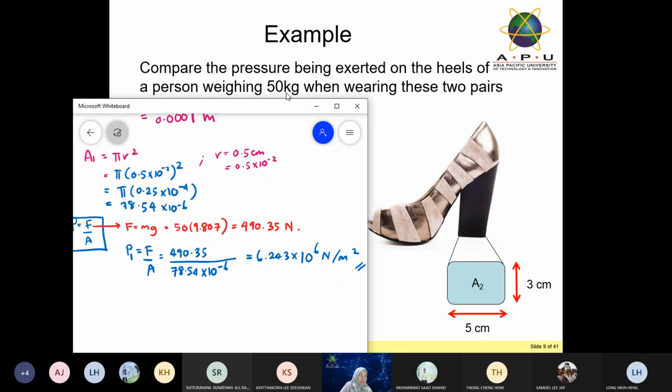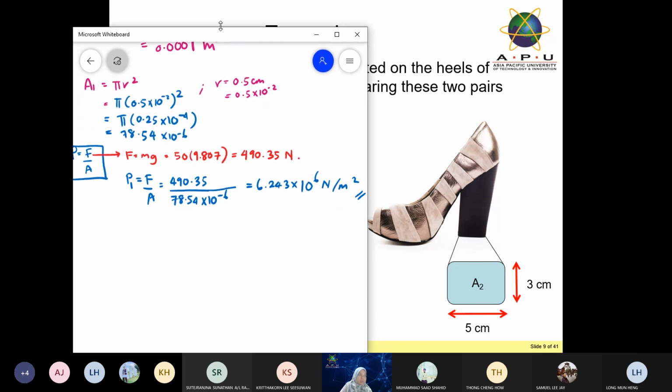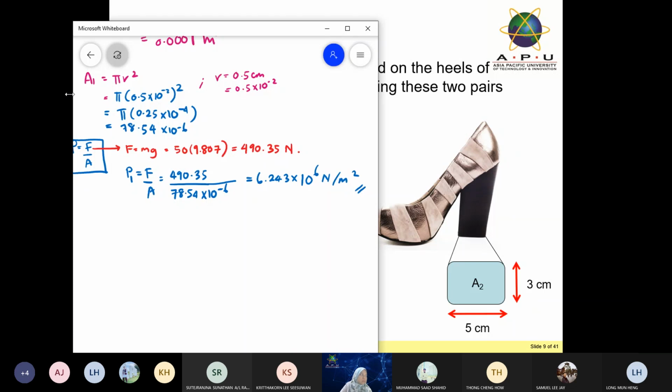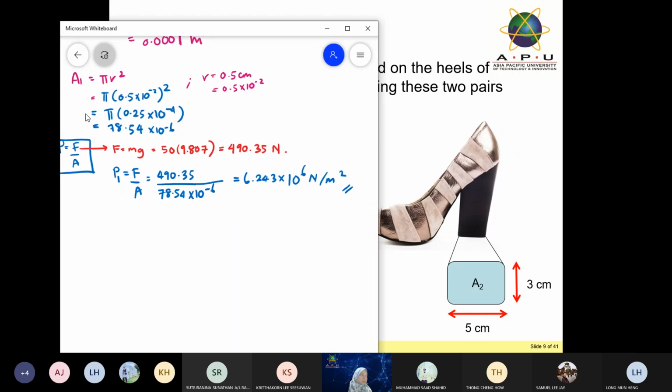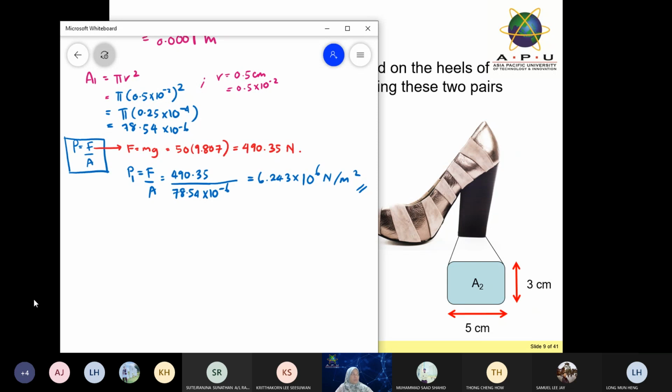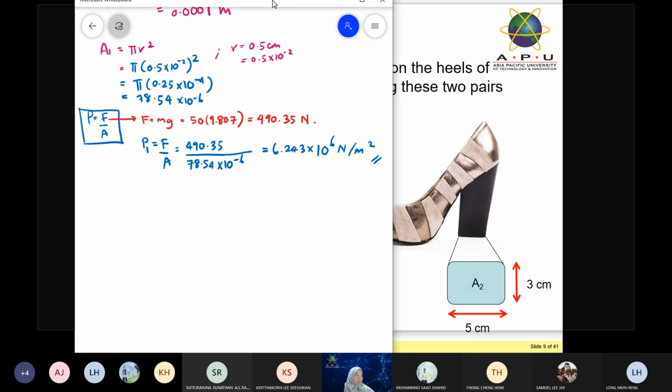The weight of the person is the same. It is one person only trying two different shoes. So now we will move to the A2.